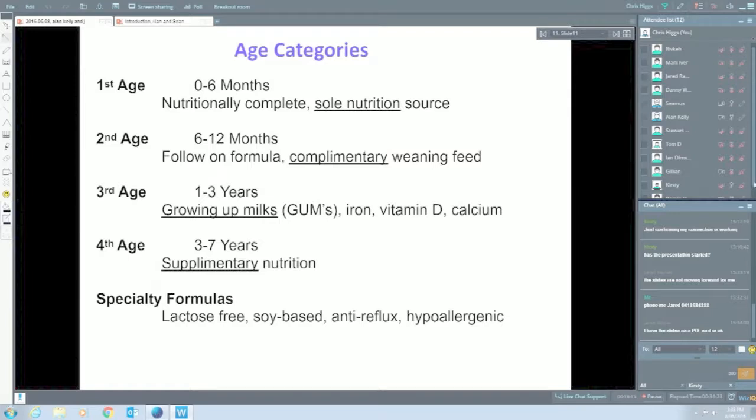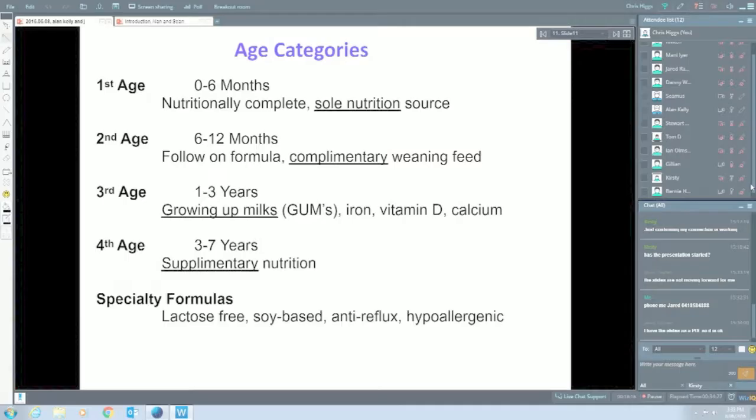And I guess the reason for focusing on that particular category is that human milk is the blueprint for the formulation of those types of products, and they're nutritionally complete. They tend to be the more complex products, and they're also lowest in protein compared to, let's say, second, third, and fourth age infant nutrition products. So it can be quite challenging to formulate these particular products.